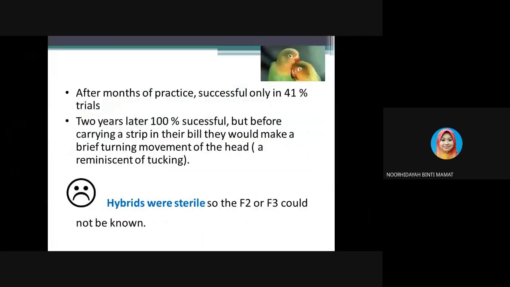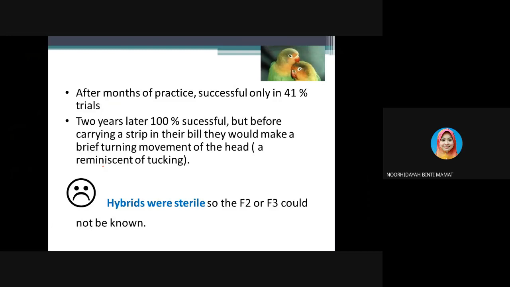After a month of practice, only 41% of trials are successful for the hybrids of the two groups of lovebirds. And 2 years later, 100% of the hybrid birds are successful. But before carrying a strip in their bill, they would make a brief turning movement of their head, reminiscent of tucking.